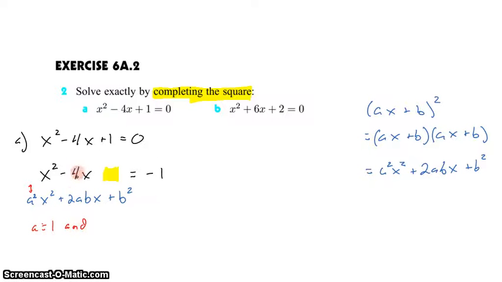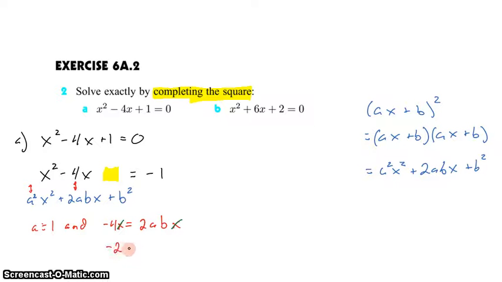Similarly, when I look at the coefficients, negative 4x has to be equal to 2abx. The x's cancel out though. That's why I didn't write it a second ago. We can ignore them.